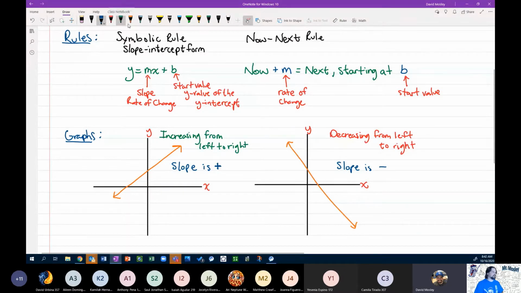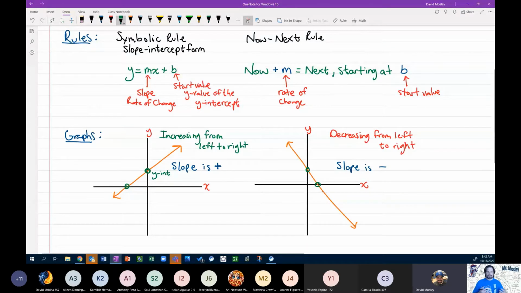We can identify points. Like this is our y-intercept. We have an x-intercept, y-intercept, an x-intercept. The y-intercept is the one that's the most important when trying to figure out the rule for a line.